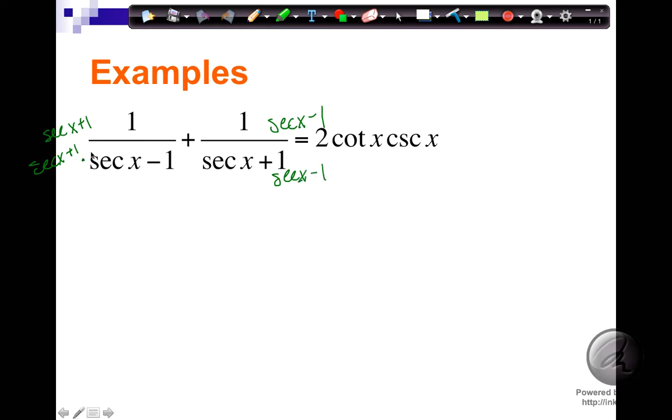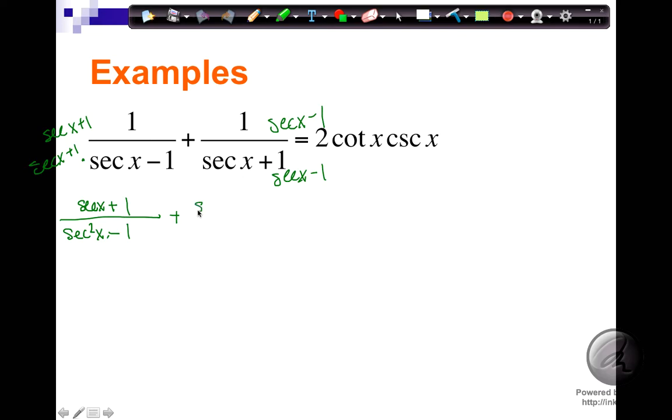So here on the left-hand fraction, my numerator is secant x plus 1 over this thing foiled together. I get secant times secant, which is secant squared. I get a plus secant and a minus secant, which cancels. And then I have a plus 1 and a minus 1 makes a minus 1.